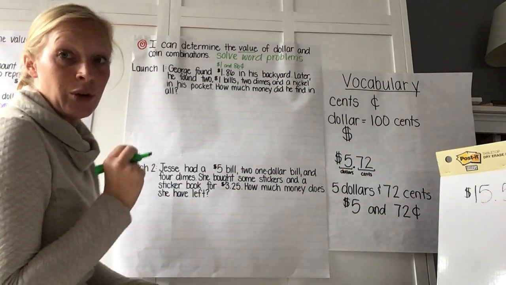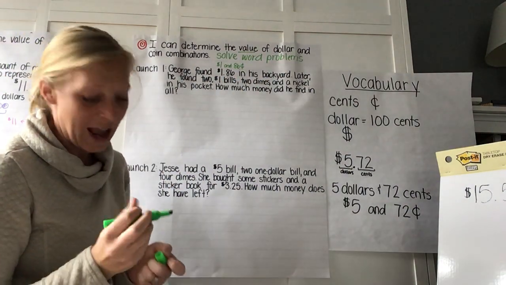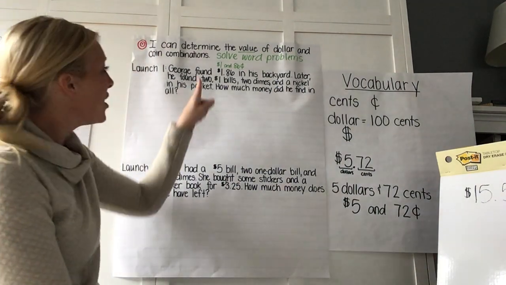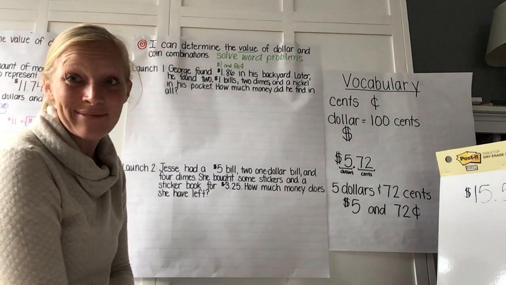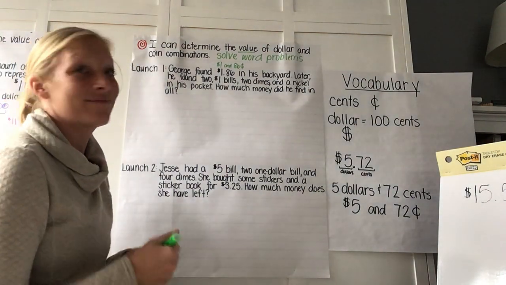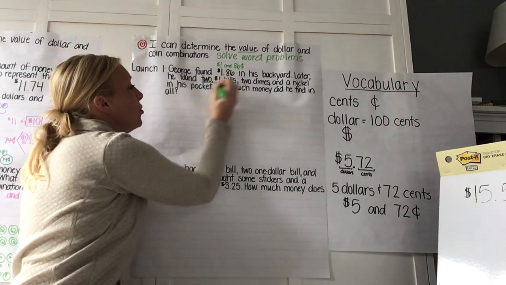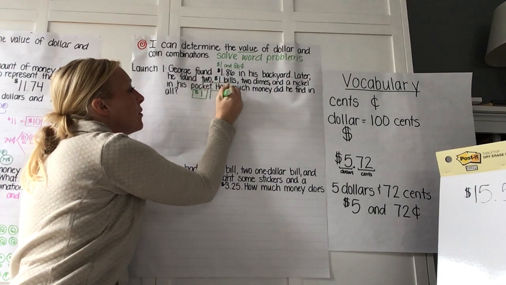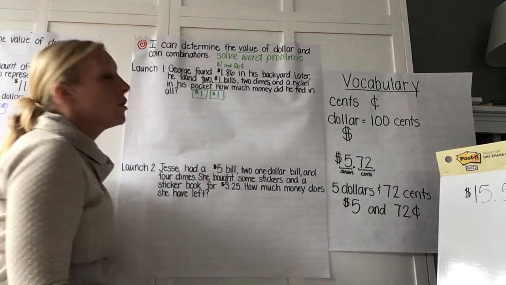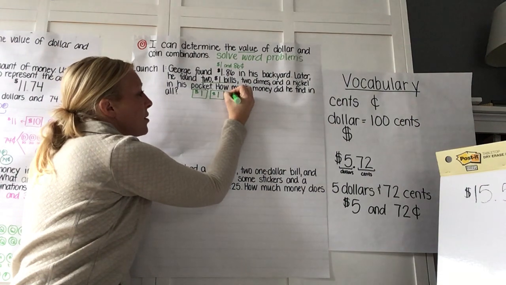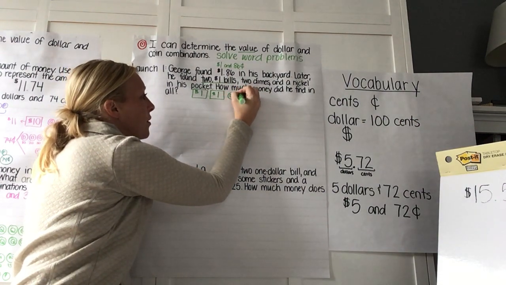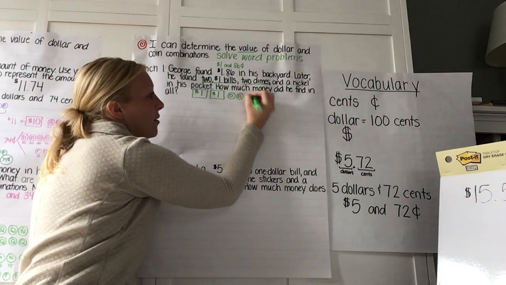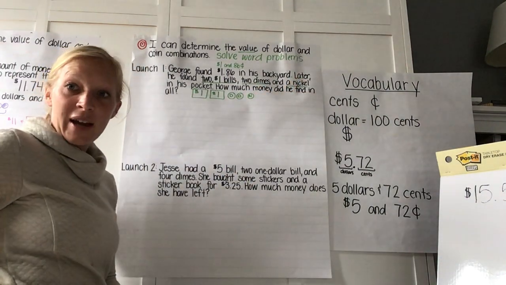Oof. Remember, with word problems, I always want to ask you, what do we know? You're right. We know that he had $1.86. What else do we know? He found 2 $1 bills, 2 dimes, and a nickel in his pocket.